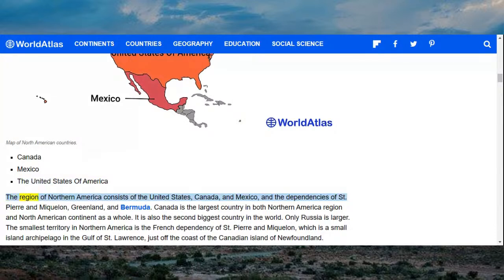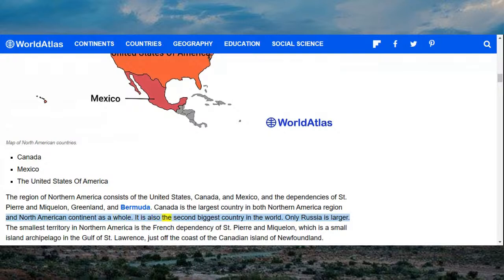The region of Northern America consists of the United States, Canada, and Mexico, and the dependencies of St. Pierre and Miquelon, Greenland, and Bermuda. Canada is the largest country in both the Northern America region and the North American continent as a whole.